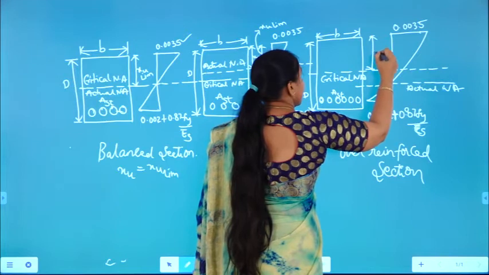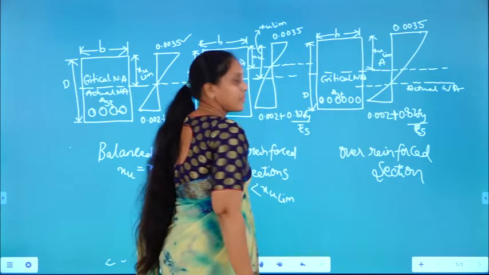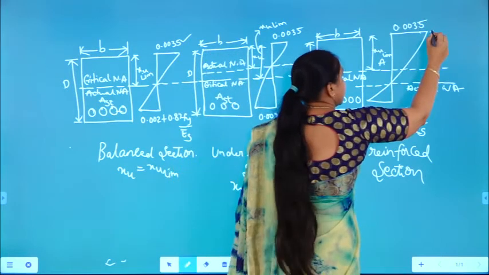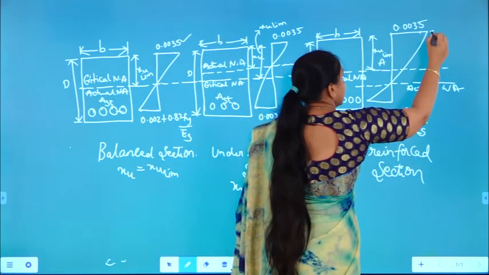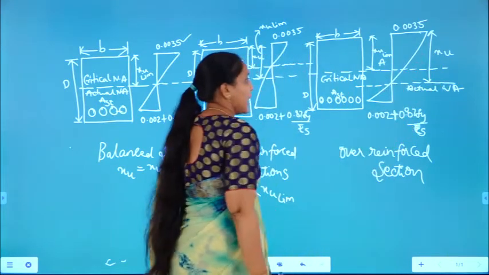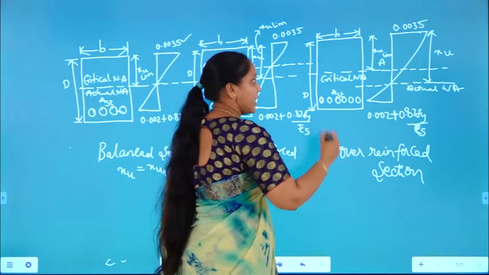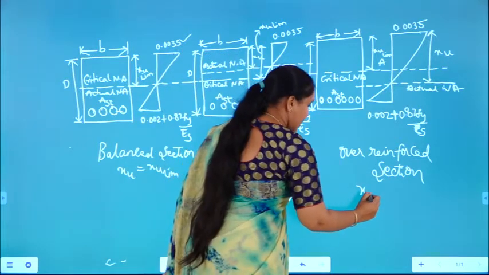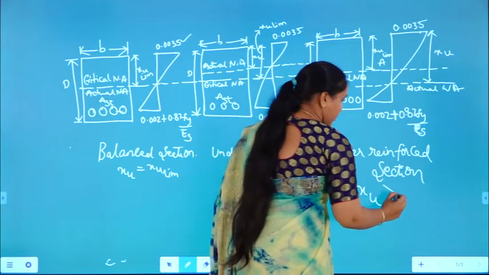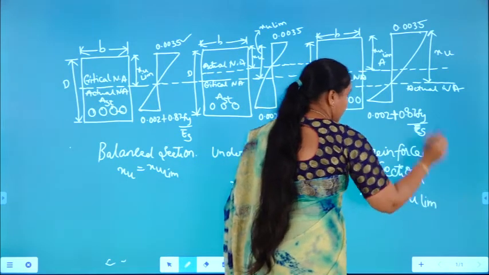This is XU limit, and this distance is going to be your actual neutral axis depth, which is XU. So, if you observe here, in an over reinforced section, XU is greater than XU limit.